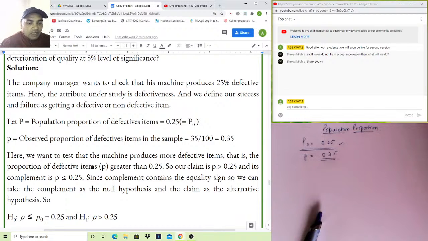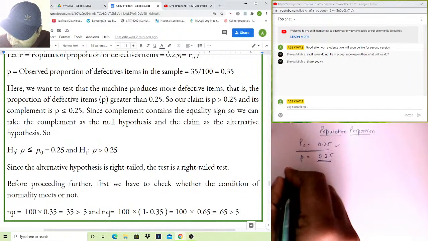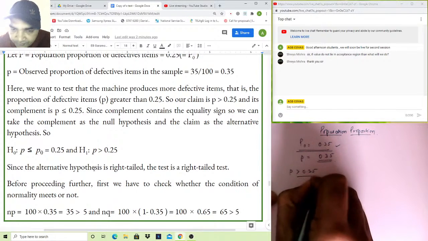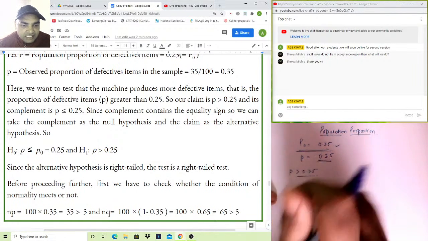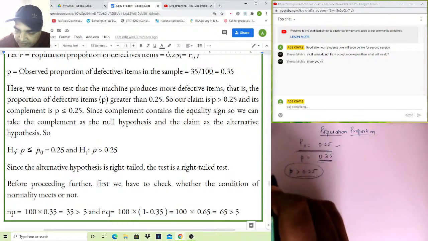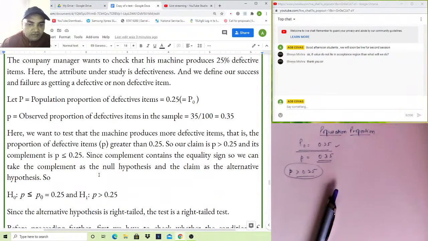So here we want to test whether the machine produces more defective items, that is, the proportion of defective items is greater than 0.25. So what will be our claim? P greater than 0.25. If we want to change that machine, we have to prove that P is greater than 0.25 at this 5% level of significance.